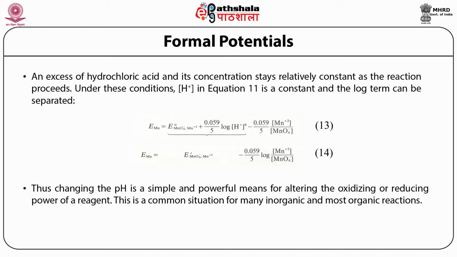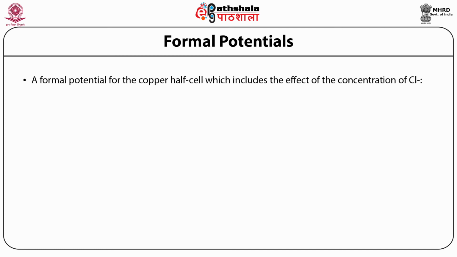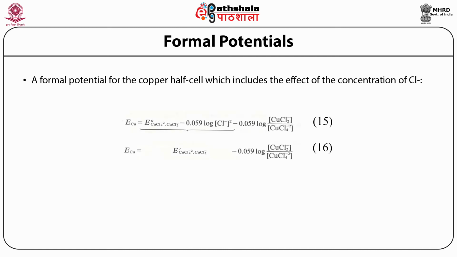This is a common situation for many inorganic and most organic reactions. The same argument can be applied to define a formal potential for the copper half cell, which includes the effects of the concentration of chloride ion as shown in equations 15 and 16.